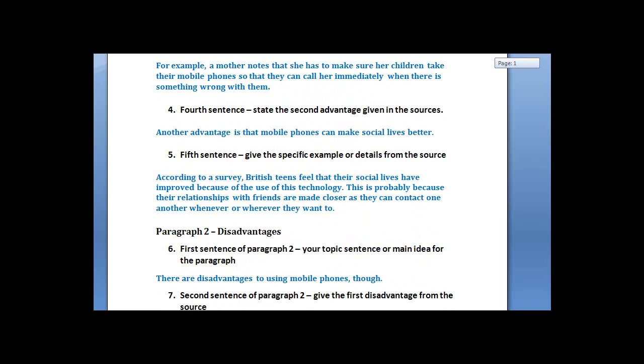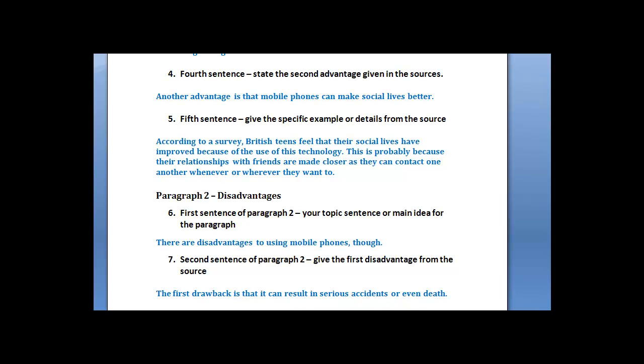Then we go on to the fourth sentence. In the fourth and fifth sentences, we repeat the same routine that we did in the second and third sentences, which means we state a main idea, and then we explain that idea with more specific details or examples. So with the fourth sentence, we state, another advantage is that mobile phones can make social lives better.